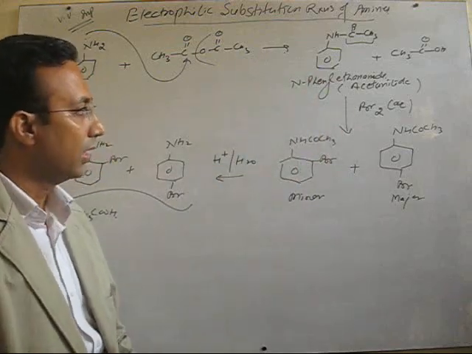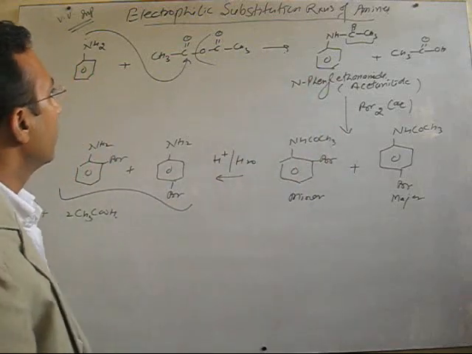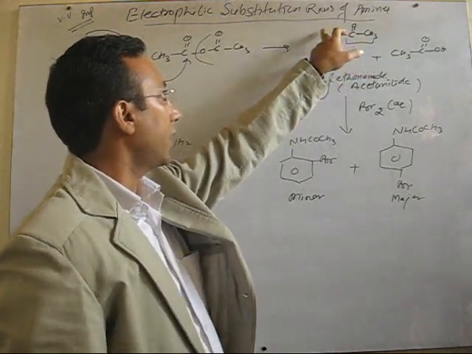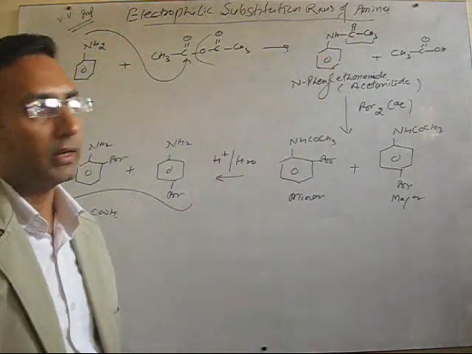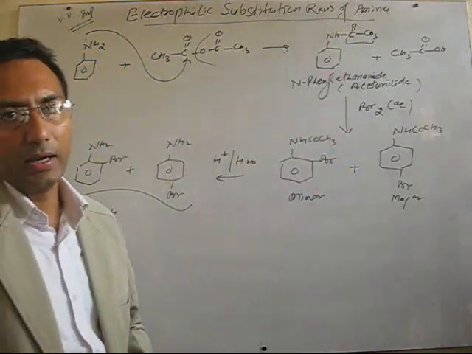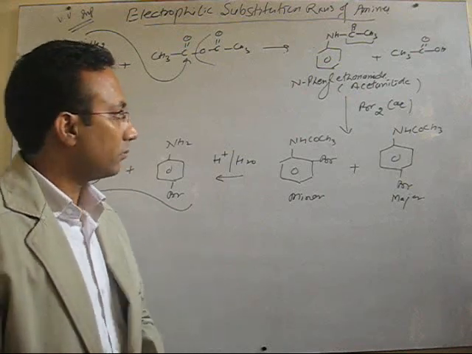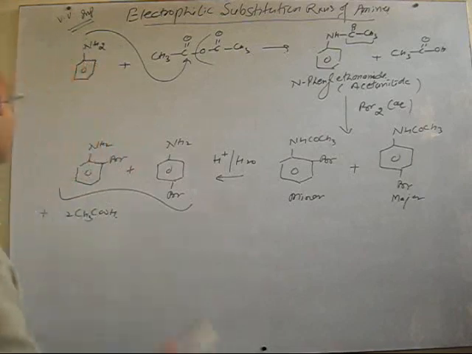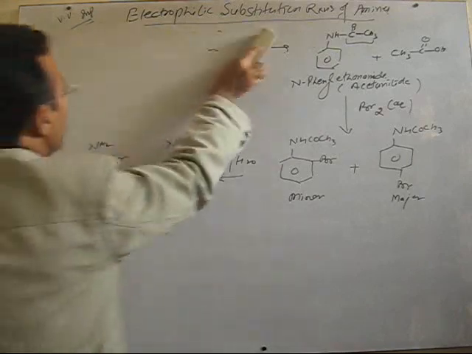So the reason is very clear. When such a group is attached to nitrogen, the nitrogen becomes a less activating group, so the ring is not that highly activated. As a result, the substitution takes place at normal positions. So this is very important regarding bromination.